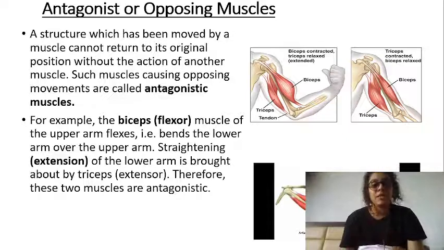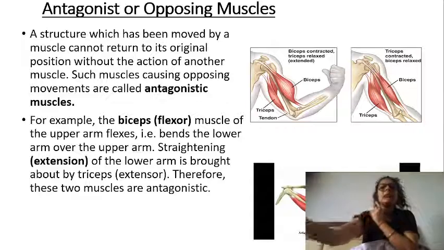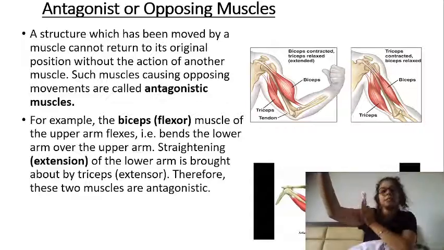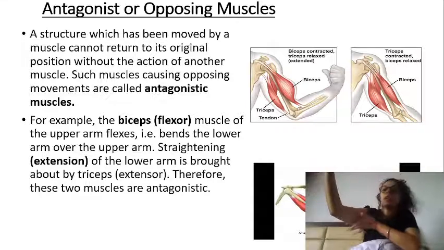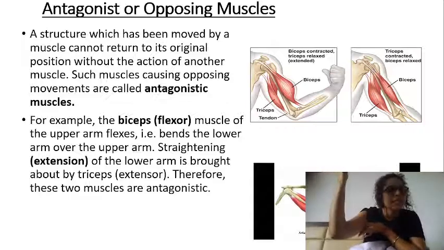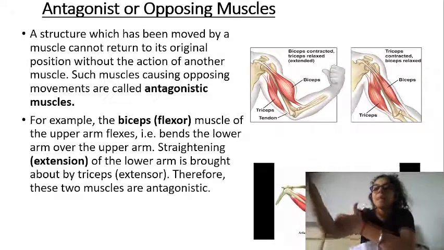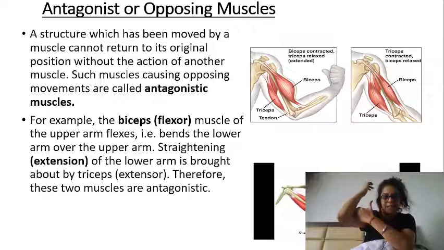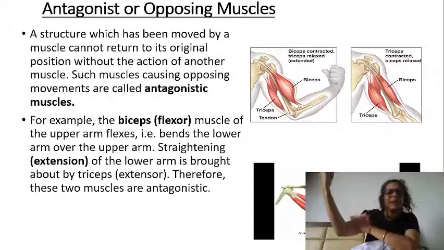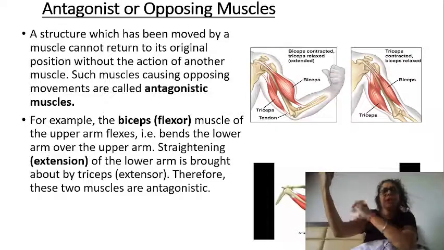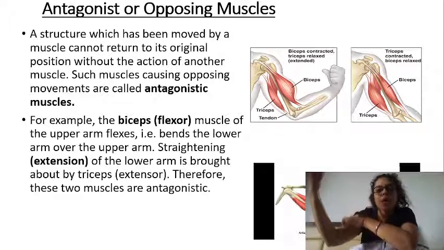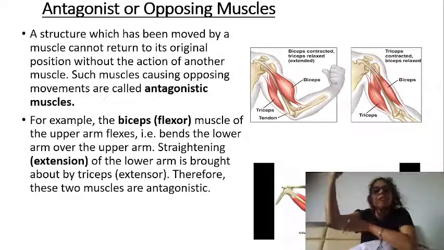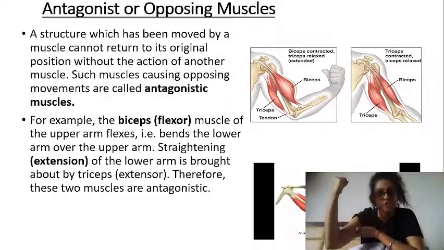In our body, biceps and triceps are one example. If you see this hand, the upper part consists of the biceps and the lower part consists of the triceps. Whenever the biceps contract like this, you can see a bulge, the puffiness over here. So when the biceps is contracting, at that time the triceps is in a relaxed state.